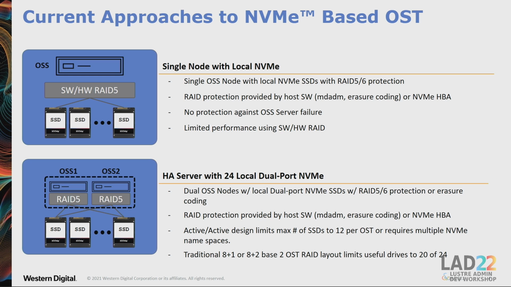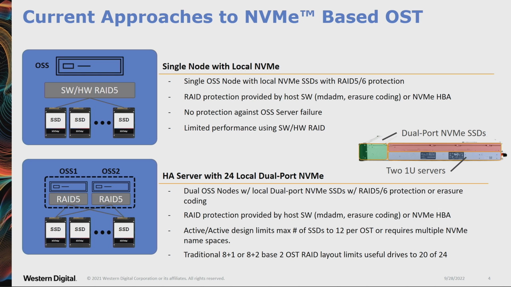With 2 servers, you have only 12 SSDs each. And you have also quite an issue with the number of devices needed for a pertinent RAID level. If you want a traditional 8+1 or 8+2 base 2 OST RAID layout, you are going to end up using only 20 devices out of the 24. So not really an optimized solution.